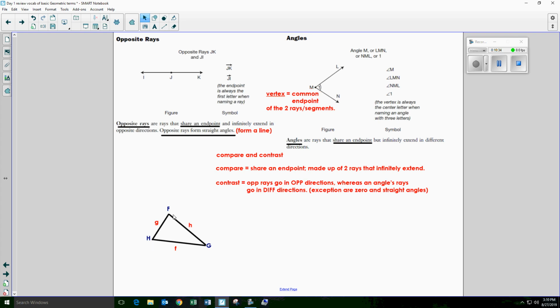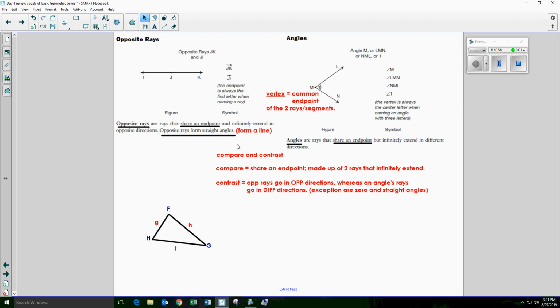So if I have segment HF and segment HG, they're segments, and that's still the angle right here, angle FHG or GHF, or I could call it angle H because there's only one angle associated with this letter. H is the vertex. It doesn't have to technically be rays. It can be a segment as well, as you see right here.